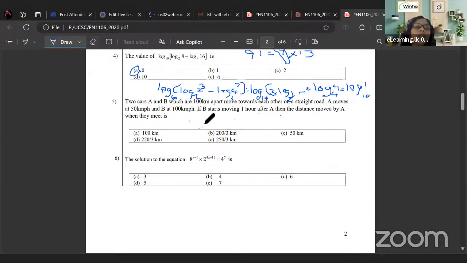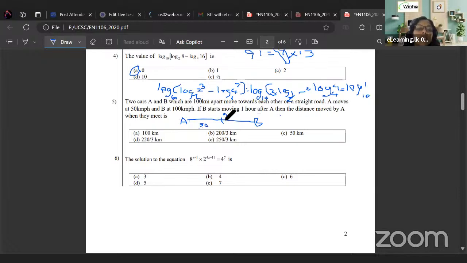So you can do this in this method very easily. So A and B are here. When B starts, A has come to 50 kilometers. Now A is here.